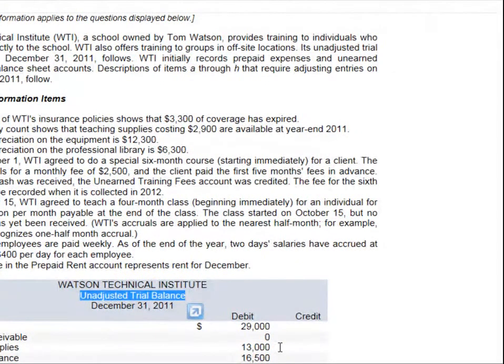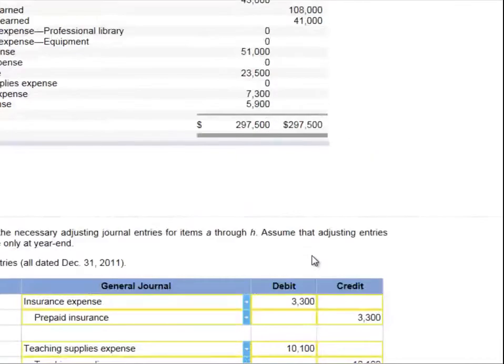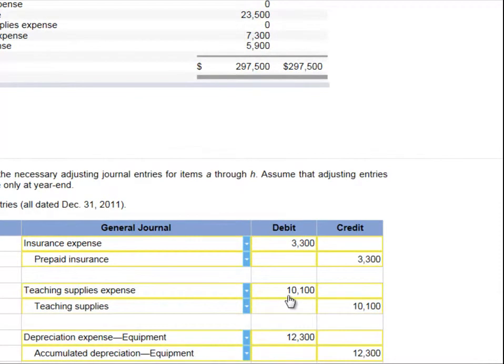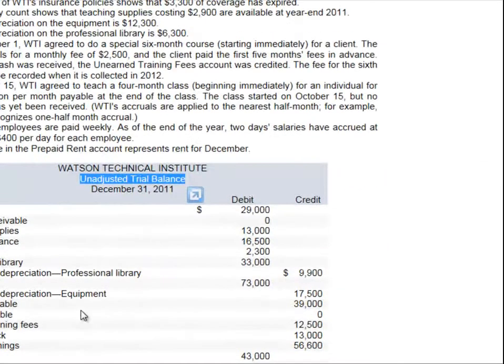So we had $13,000 in teaching supplies, and now we have $2,900 left. So we must have used up $10,100 of those supplies. And as you can see down here, that is our journal entry. We debit the expense, teaching supplies expense. We credit teaching supplies asset.